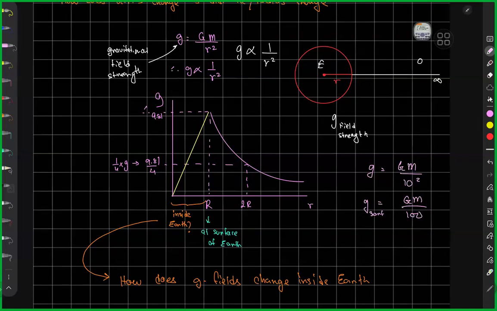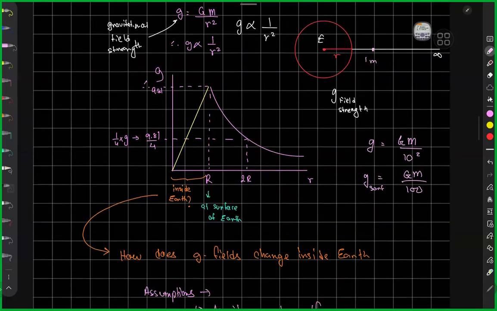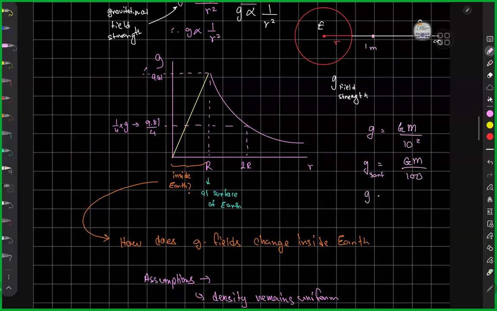Now, what happens if I put it 1 meter away from the Earth's surface? So over here, this is 1 meter, plus the radius. And what happens in that case? g is GM/(1 plus the radius of Earth), which is 10 kilometers, if you remember.